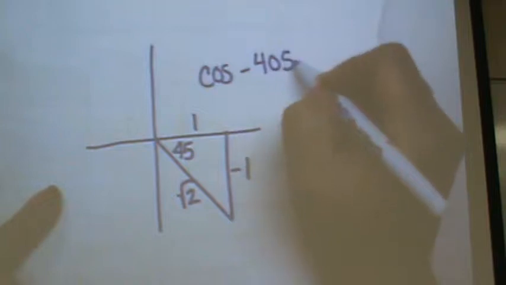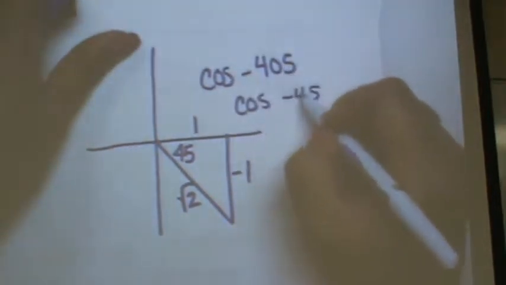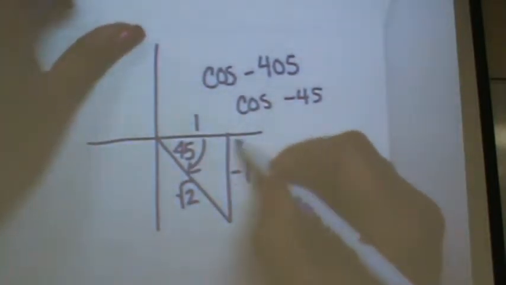So this is what I have. I'm going to do a clean graph here. It's a 45. This is negative 1, 1, and root 2. So the cosine of negative 405 is the same as the cosine of negative 45, because they're coterminal. Why did I name this side negative 1?